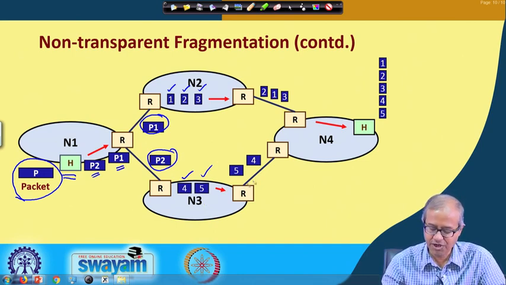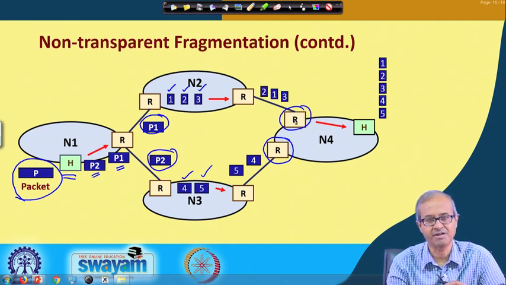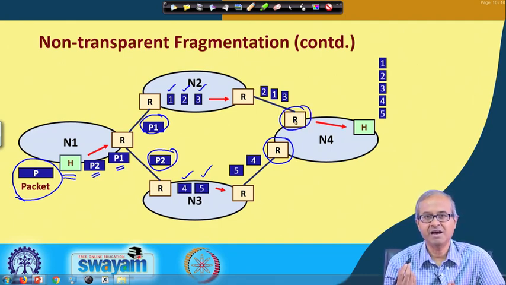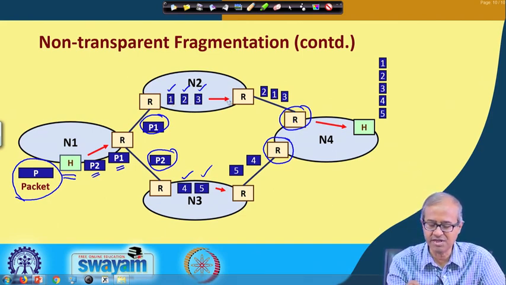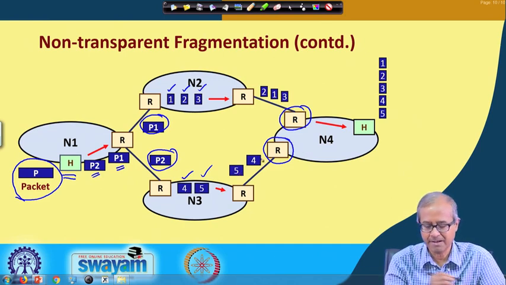So, 4 and 5 will be forwarded to network N4 via some router, and 1, 2, 3 will be forwarded to network N4 via some other router. Now, as I said, IP does not guarantee order of delivery of the packets. So, maybe 1, 2, 3 will be received in some other order, 3, 1, 2 or 2, 1, 3, and maybe here in the order of 5, 4.